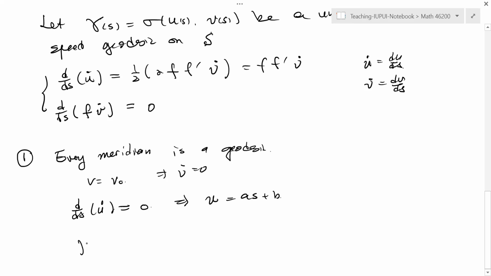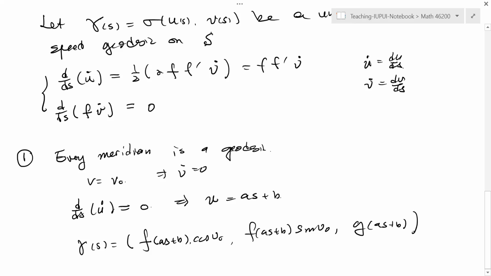So gamma of s, more precisely, is going to be f of As plus B times cosine v0, f of As plus B times sine v0, and g of As plus B. It must be in this form.